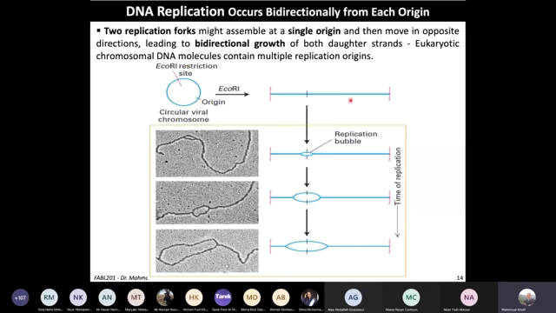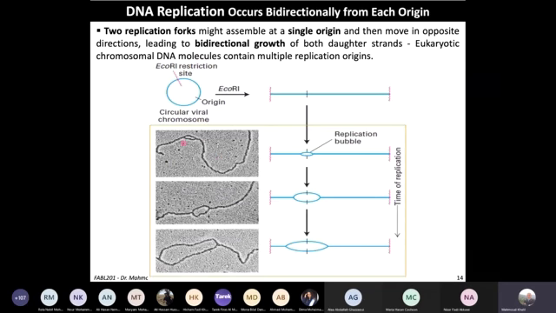And we assume that this is the replication origin where replication starts. So you can see that at that location, the hydrogen bonds are melted. So a replication bubble arises that soon becomes larger for building up the daughter strand on the template strand. You can see this in the diagrammatic sketch.